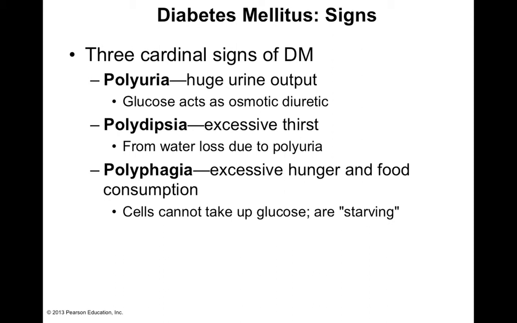Whether your blood glucose levels are high or low, if you can't get that glucose from the bloodstream into your body's cells, your cells are going to be effectively starving. They can release signals that then stimulate your brain to feel hungry, so that if your cells are starving of glucose, they'll actually cause your brain to undergo excessive hunger. So then you'll eat a lot just to try to get more glucose into your body cells, even if you have high blood glucose levels.